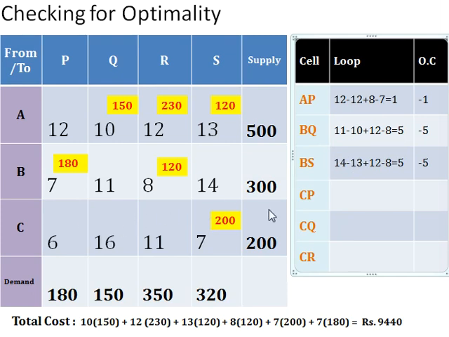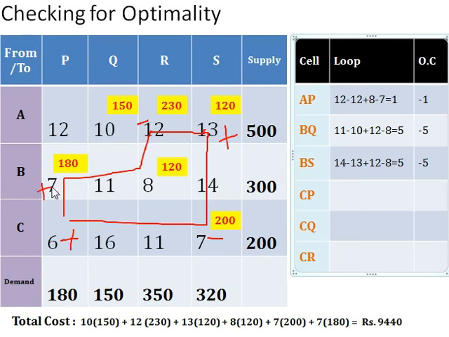So next unoccupied cell we have CP, and for that we can trace the loop as starting from here, moving here, next here, then we can move here, here, here, and done. Plus, minus, plus, minus, plus, sorry, plus, and this one is minus.